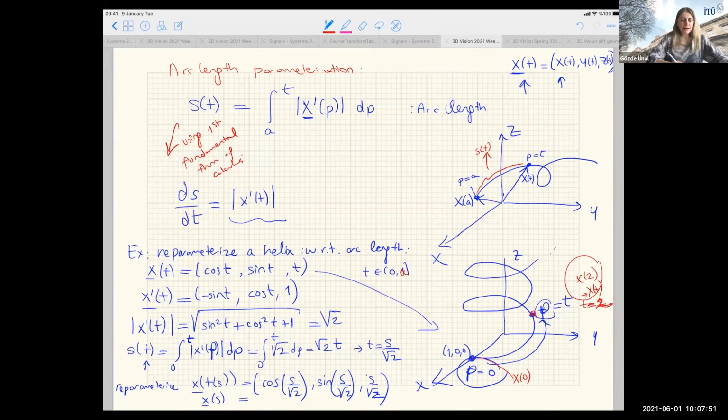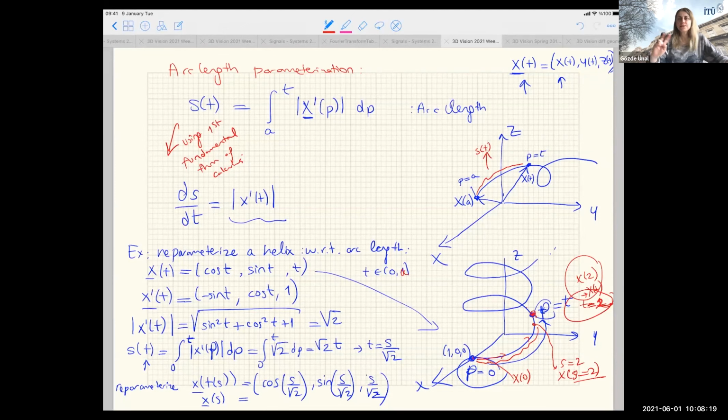But with the arc length parameterization, the difference between t equals 2 and s equals 2 is that when I have x of s equals 2 with this parameterization, I know that if maybe I'm somewhere else, but if I was here, I am now 2 units away from the starting point of the curve.